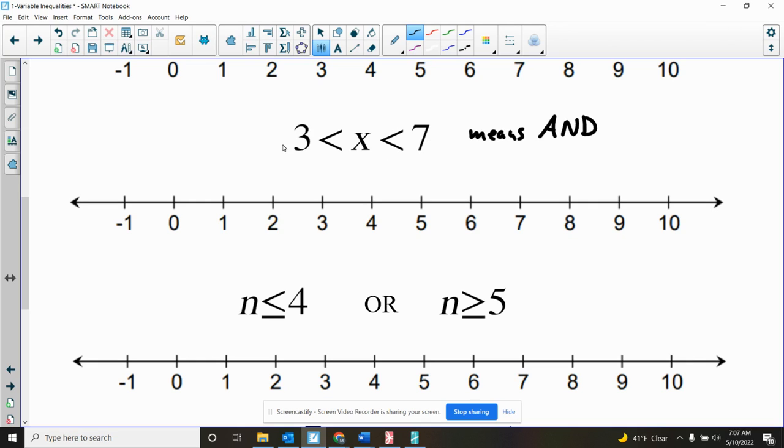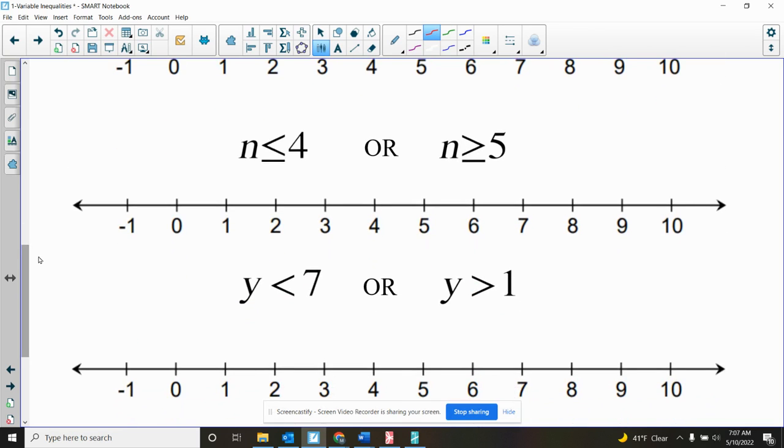We write it this way just because it's easier, it takes a little less time. When they're written like this, it's super easy to graph them. At 3, open circle. At 7, open circle, and you fill in between. The x is between the 3 and the 7, so your graph goes between the 3 and the 7.